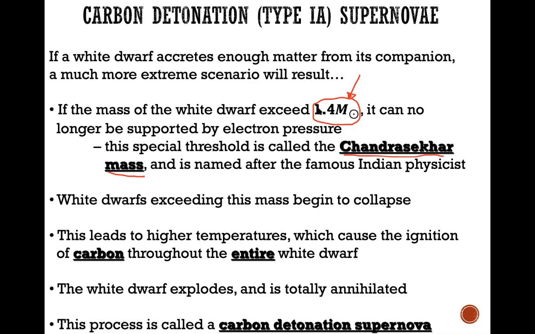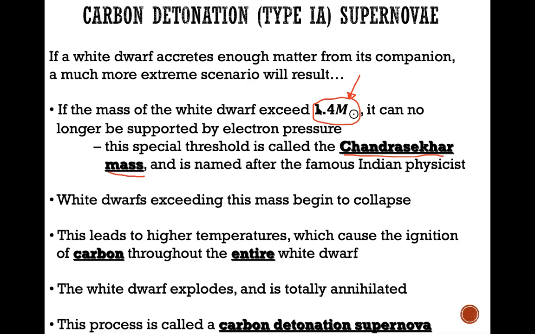Now the carbon will start to ignite due to this violent process, because the temperature increases, right? And this is not like a normal process. It happens suddenly by this additional matter coming from this companion star. Because of that, this carbon ignition will happen throughout the entire white dwarf, not like in the previous case, right?